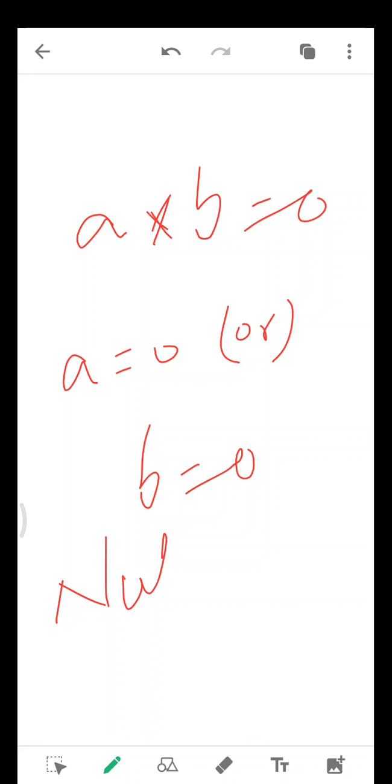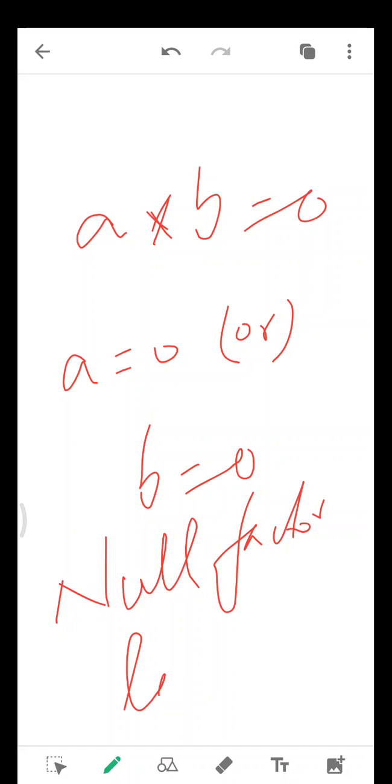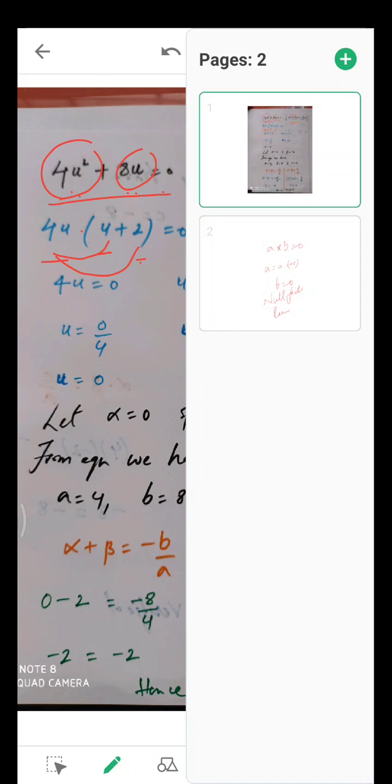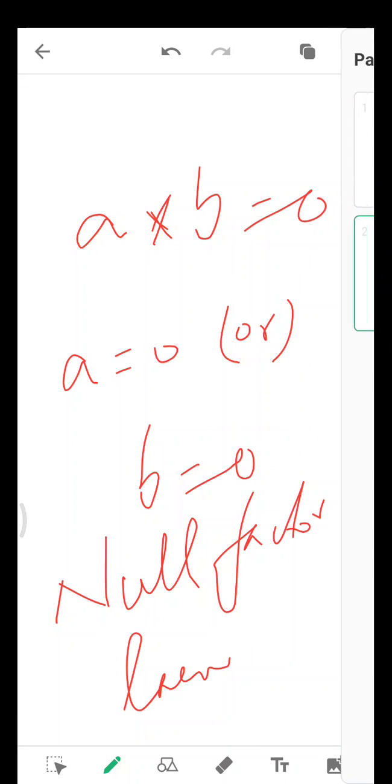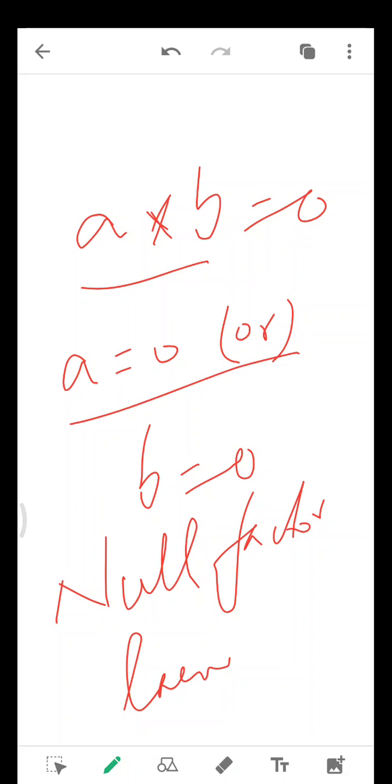What do we call it? Null factor law. Sorry for the handwriting, it's on the app. So this is called the null factor law. Whenever a into b equals 0, we write a equals 0 or b equals 0. Either a should be 0 or b should be 0.